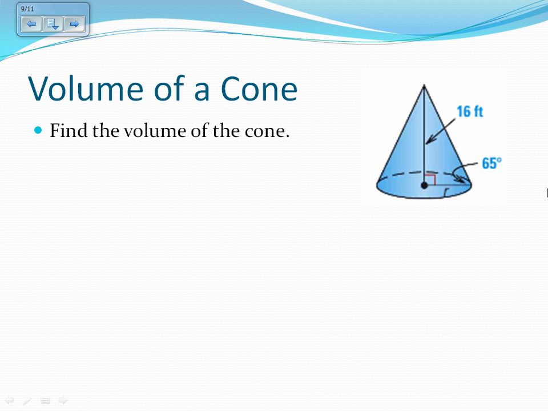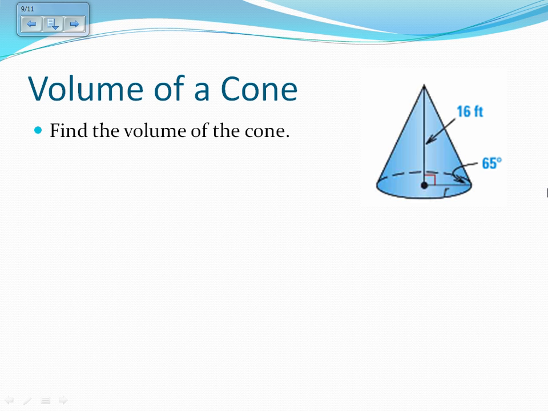Does anybody remember how to set it up? So here, tangent of 65 equals opposite over adjacent, so 16 over r. Good. How would I solve it, Carlos? Last step?